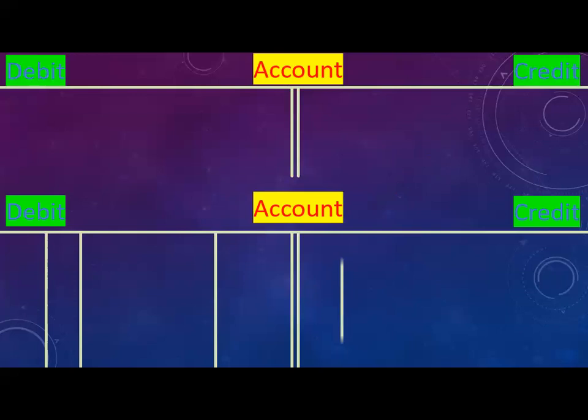Likewise, the credit side also has 4 columns. The right and left are the same, but the left side is a little smaller than the right side. We can't easily tell, but there is a small difference.